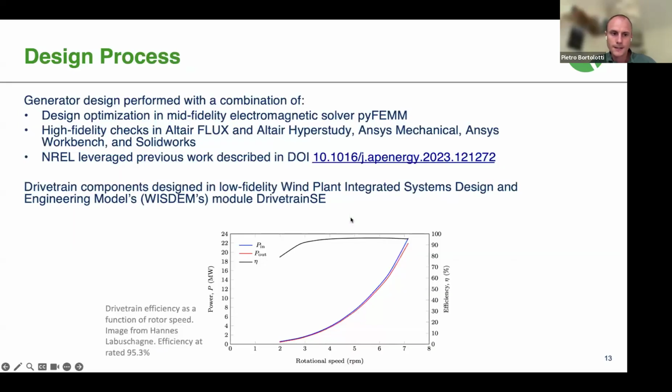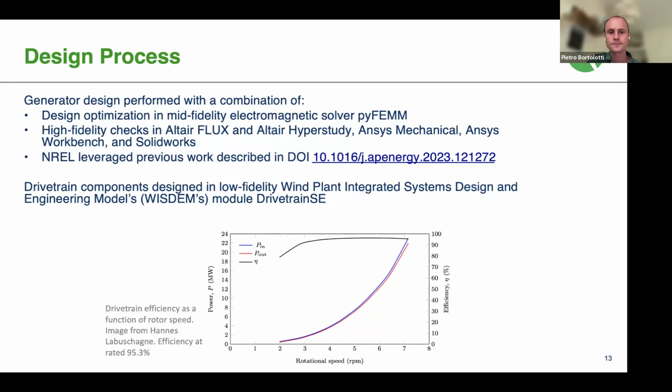Okay, so the generator design was performed, I would say, at quite a decent fidelity, better than the IEA 15. The generator of the IEA 15 was a little heavy, 10-20% heavier than state-of-the-art direct drive generators at 15 megawatt. We believe that we have a better, more representative design for the 22.